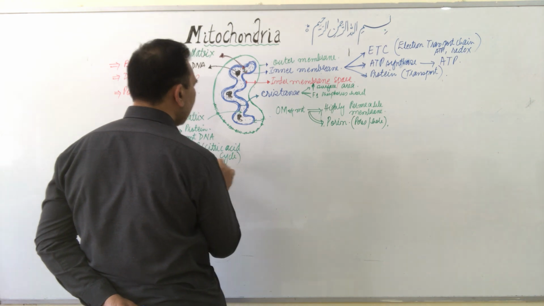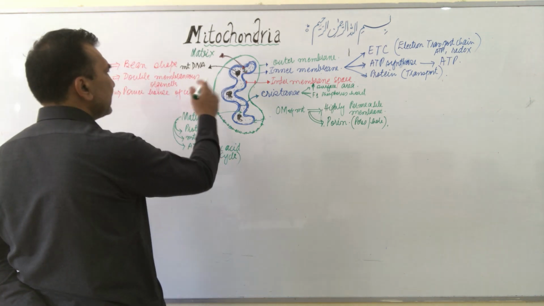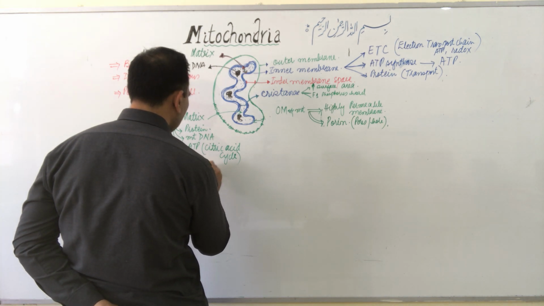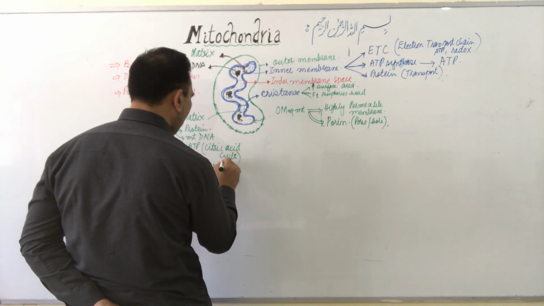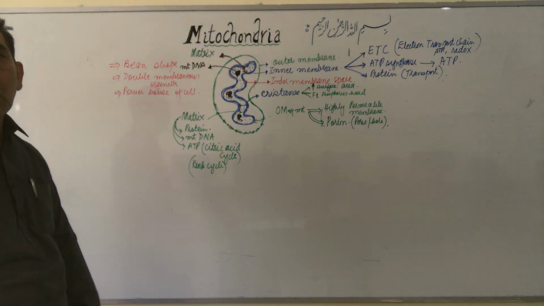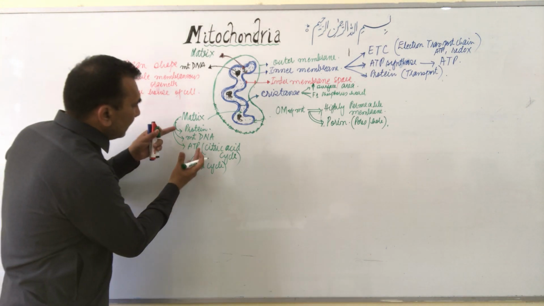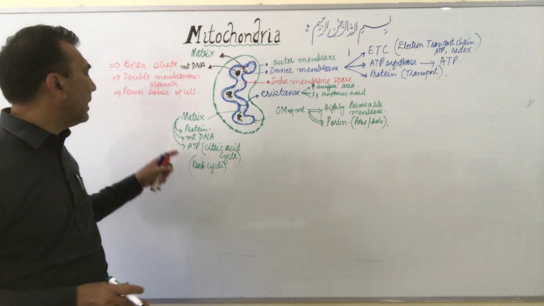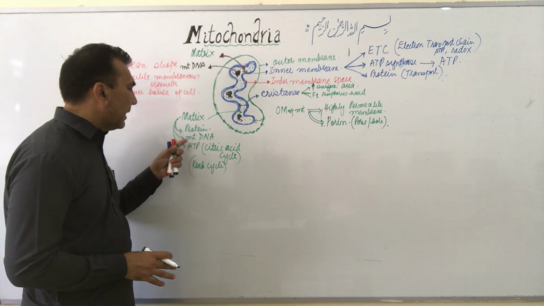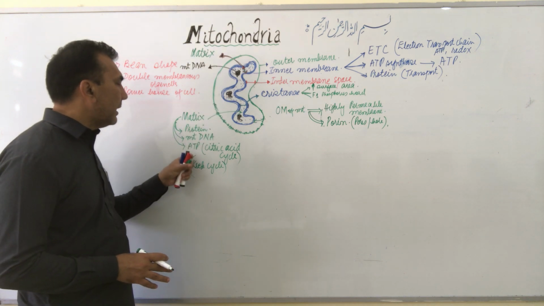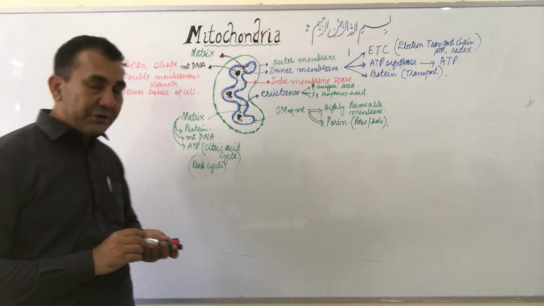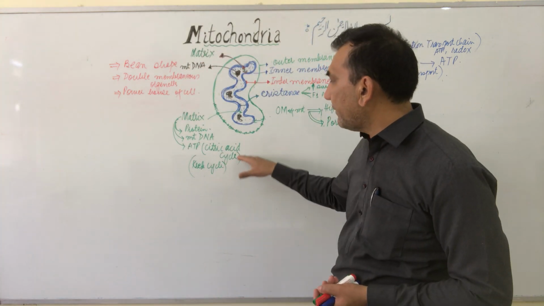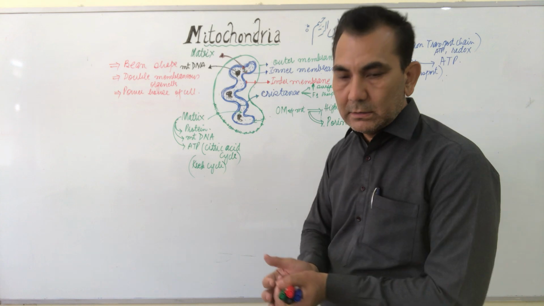The citric acid cycle happens inside the matrix, and it is called the Krebs cycle. So 2/3 of the protein is present inside the mitochondria, in the matrix, and it contains the mitochondrial DNA and produces ATP by maintaining the citric acid cycle, the Krebs cycle.